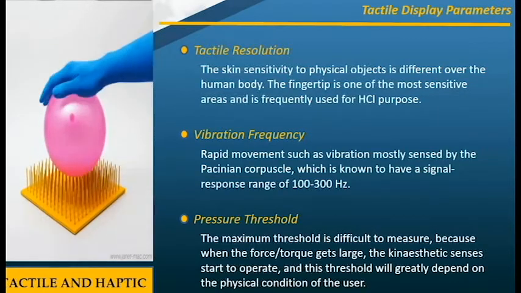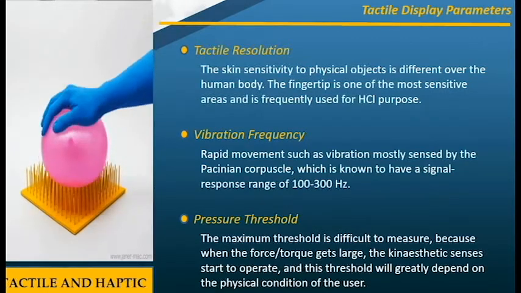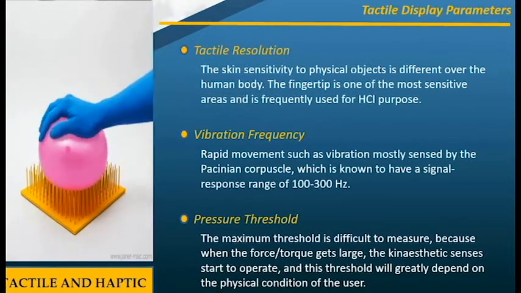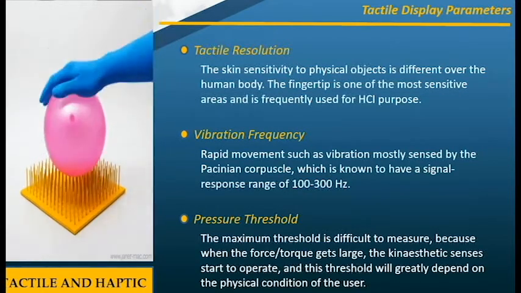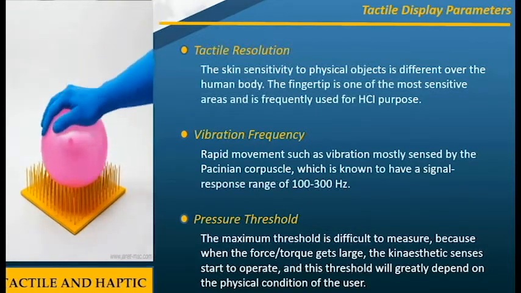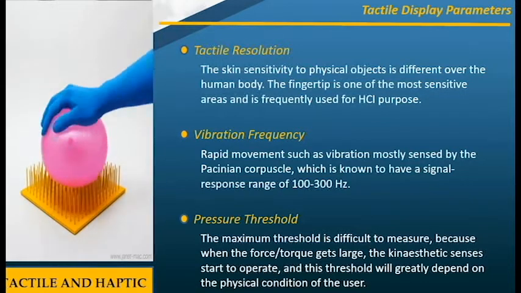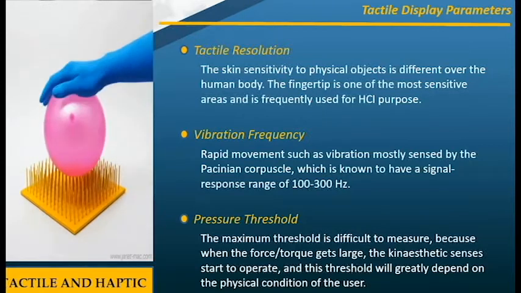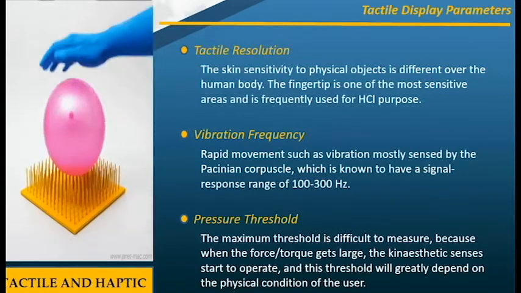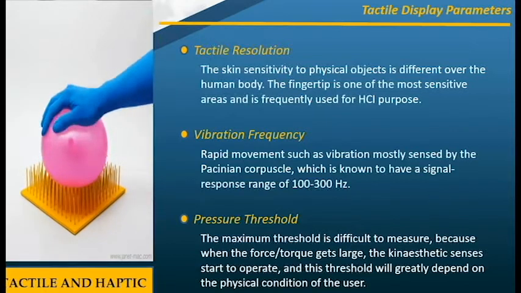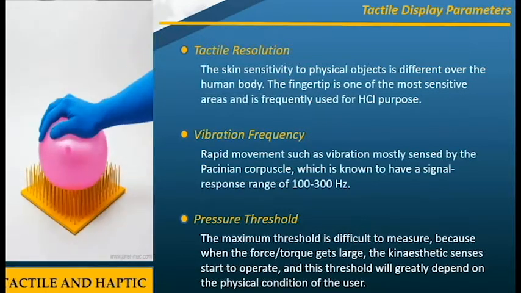And this threshold will greatly depend on the physical condition of the user. Like in the example of biometrics, if you press too hard, the device cannot read it, and the device gets confused. So you have to put slight pressure so that the device can read it. So that's an example of pressure threshold.